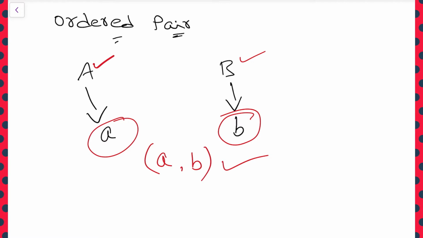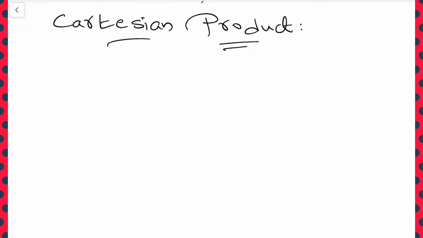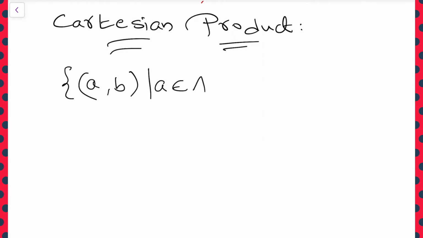Next, what is a Cartesian product? We will have two sets, let A and B. Then the set of (a, b) such that small a belongs to set A and small b belongs to set B is called the Cartesian product of A and B, and this is represented by A cross B. Let A and B be two sets.